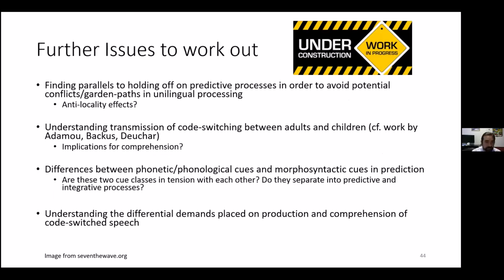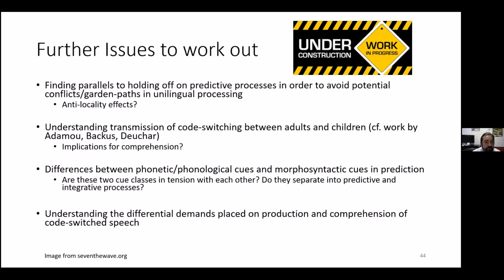There are some issues to work out here with this framework. So I just want to mention some, and obviously I'd be very grateful for your comments here. I'm looking for parallels here with a similar sort of adaptive effect happening under context of unilingual processing. Here we might think about maybe anti-locality effects as being one possible avenue for exploring this parallel.